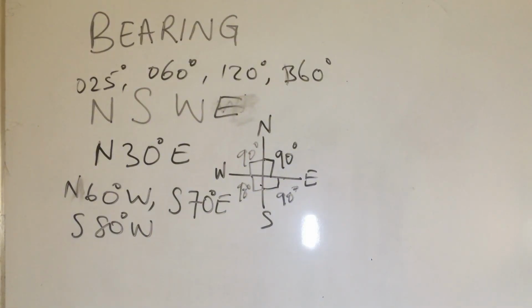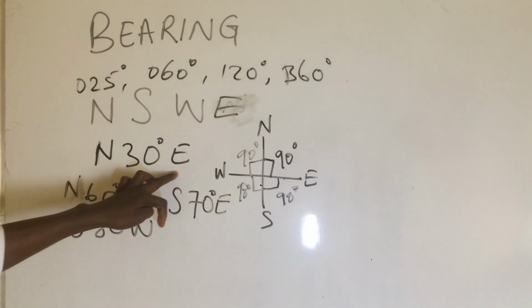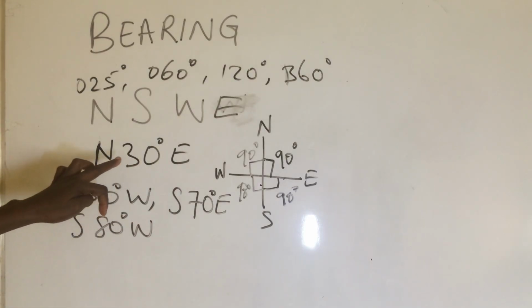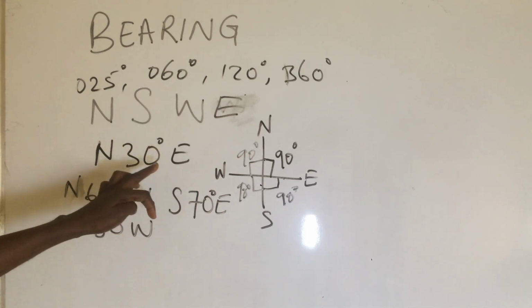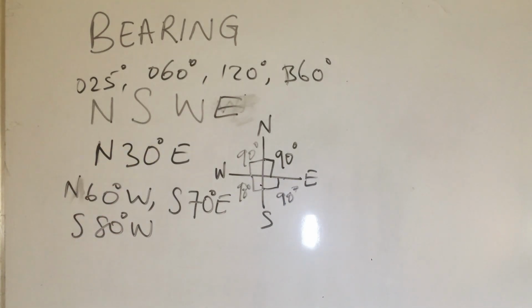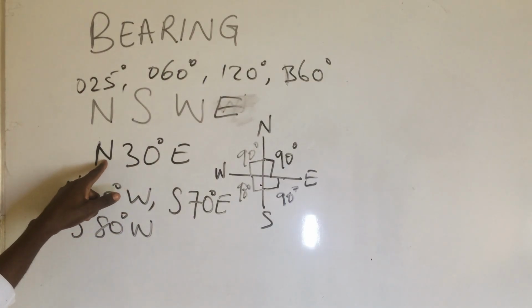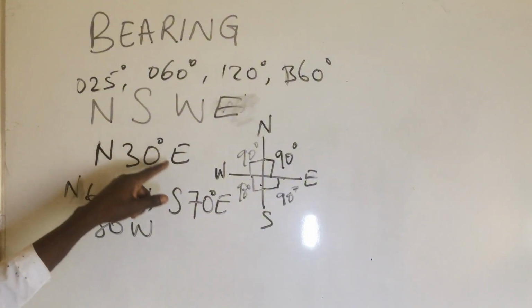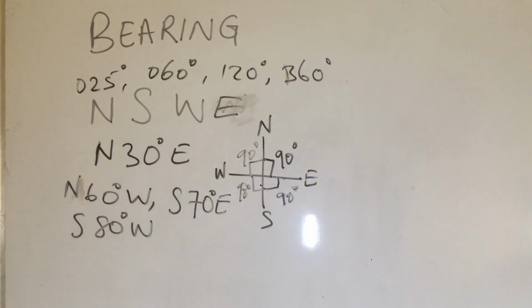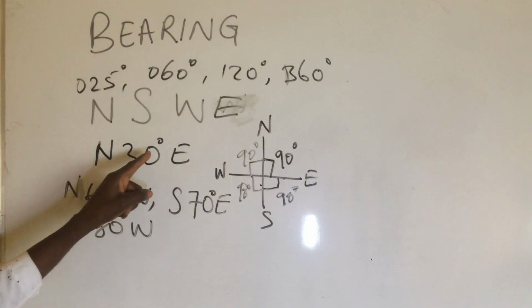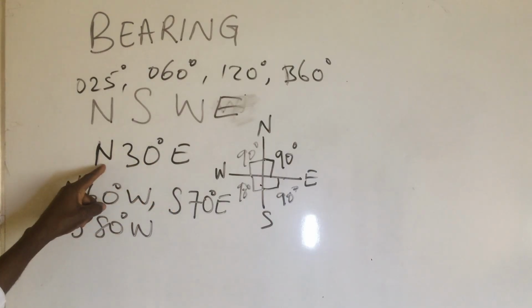Okay. So we also represent it this way. And this information here, N 30 degrees E, means 30 degrees east of north.